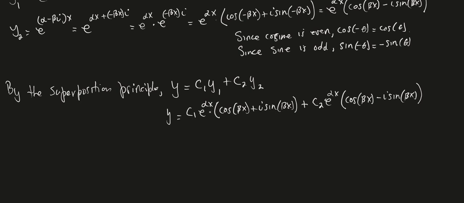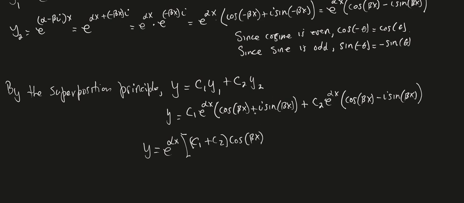We have e to the alpha x in common, so I'm going to factor that out. So we'll have e to the alpha x. And then what's left? Here I have c1 times this cosine, plus c2 times this cosine. So I'll have c1 plus c2 times the cosine of beta x.